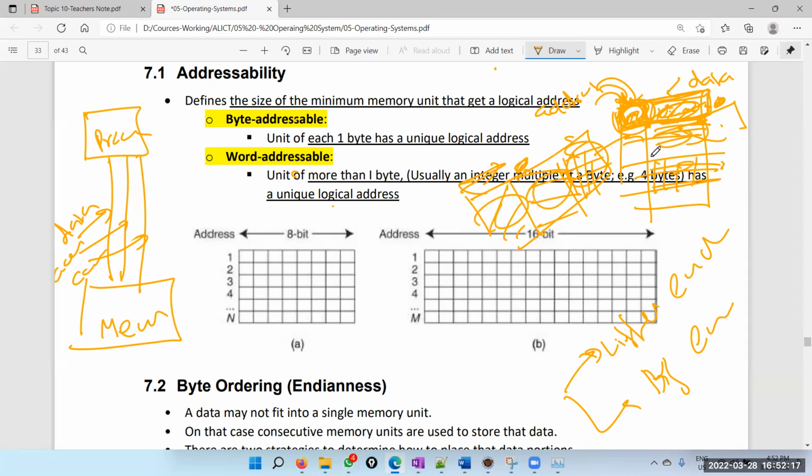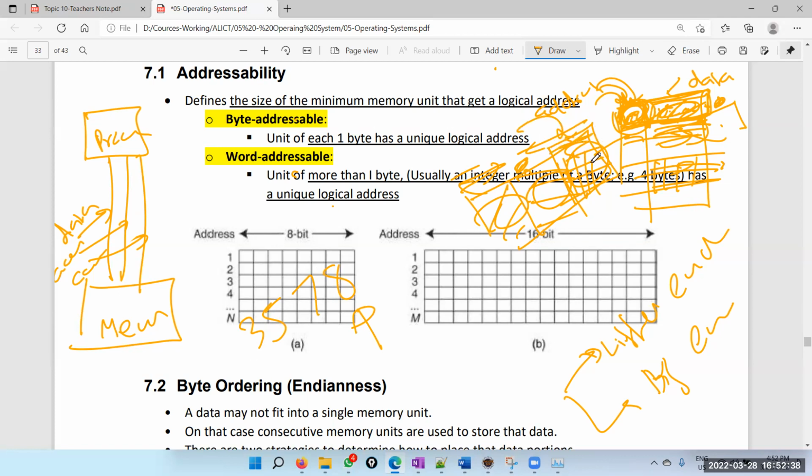So depending on whether you go from left to right or right to left, we call it little endian or big endian. So little endian means the least significant part is the right hand side. So remember when I said 3,578, this is the least significant. This is just 8, but this is 3,000. So the least significant part is this one.